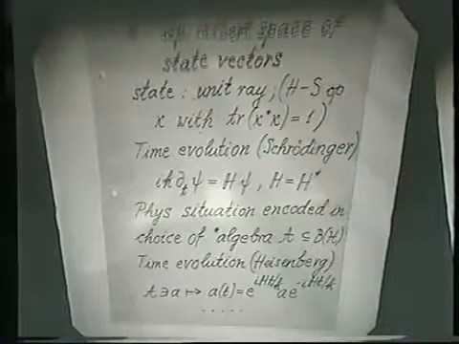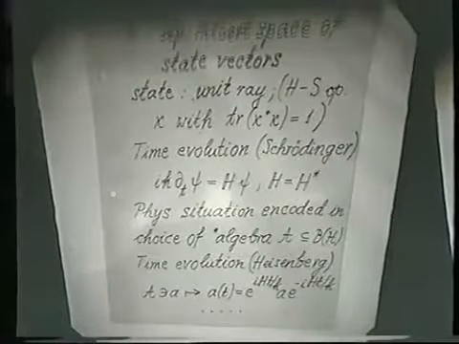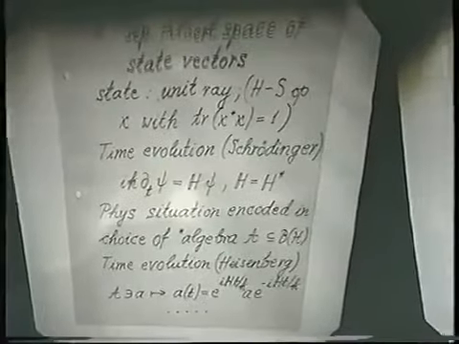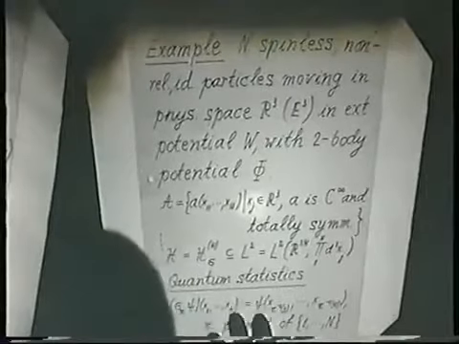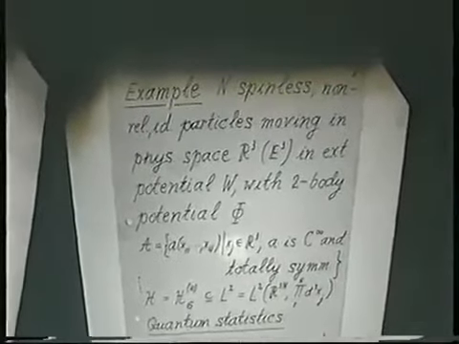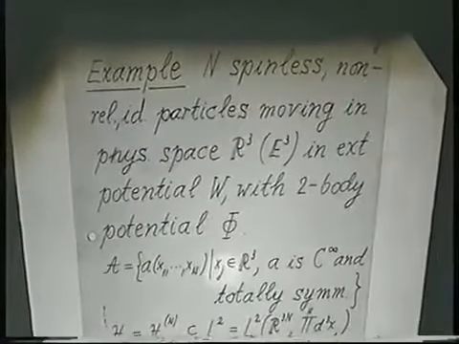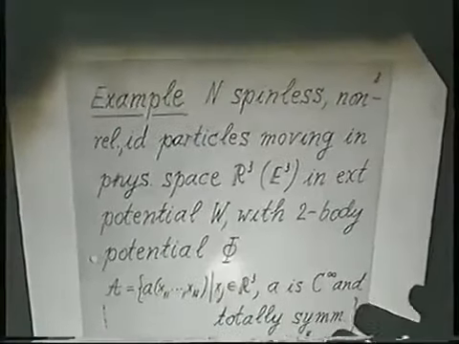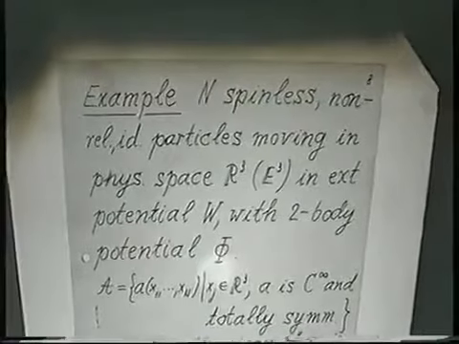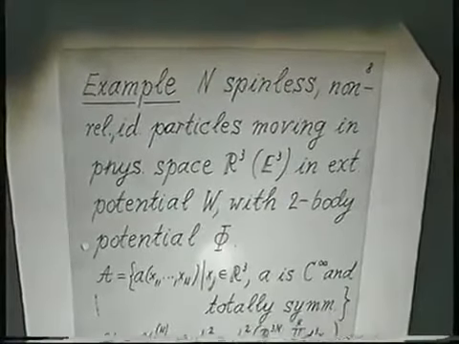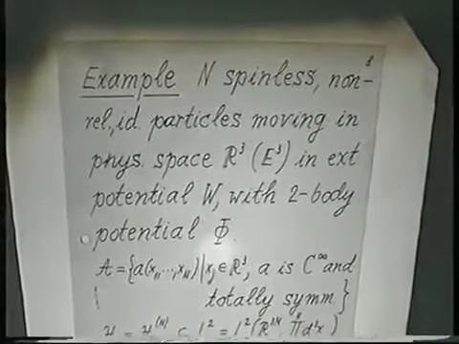All right. So let's make some examples. The examples that are particularly relevant for this lecture is the following one. I consider n spinless, non-relativistic, identical particles moving in physical space, which for the purpose of this lecture is simply Euclidean 3-space.